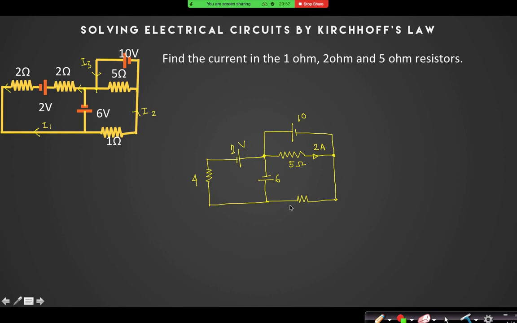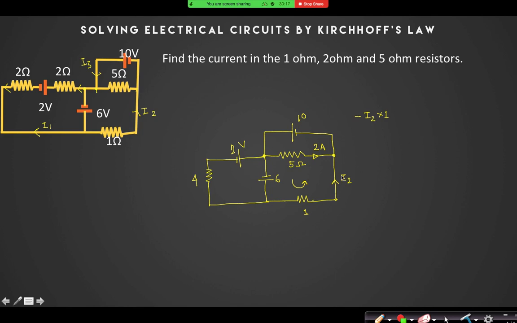Right? No problem. Now you can see that if I write an equation for this branch, if this current is I2, I have assumed, then what is the equation for KVL in this branch? If I go in that anti-clockwise direction, then I can say I2 into 1, I2 into 1, that is minus from here to here.